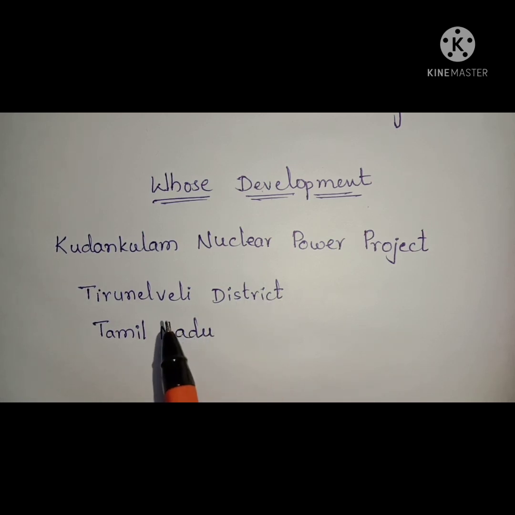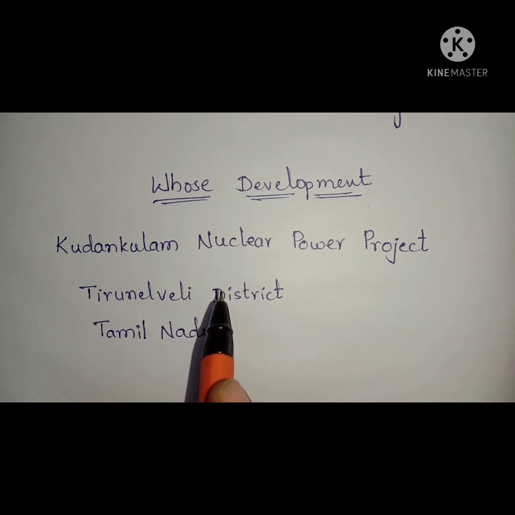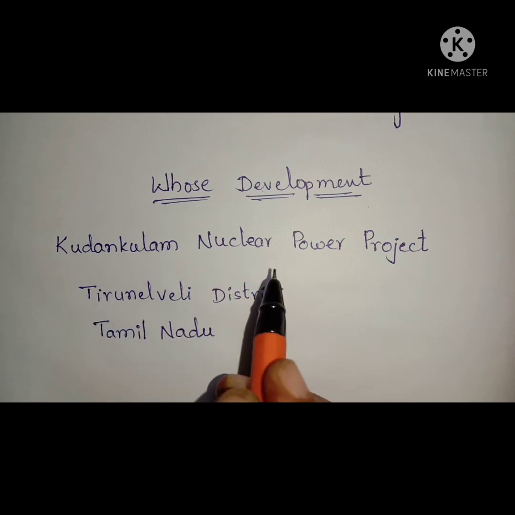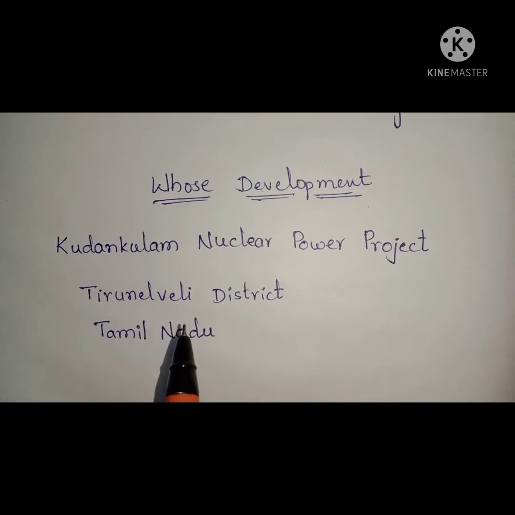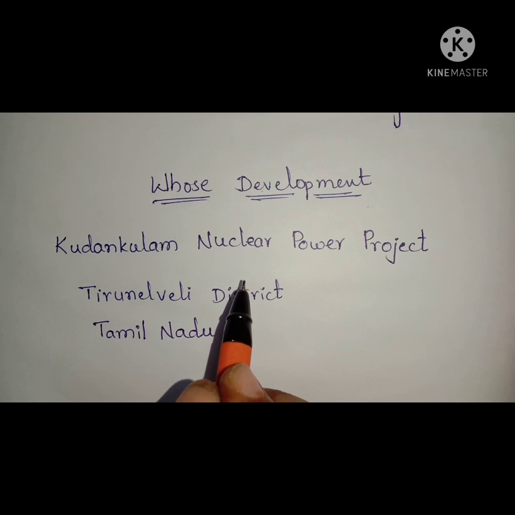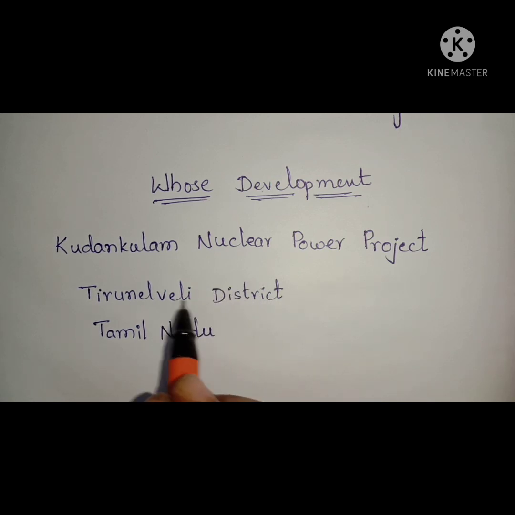So the central government of India decided to go ahead with a nuclear power project located in this region, which is a prosperous region. People located in this region expressed dissatisfaction, and environmentalists and social activists came forward supporting the fishermen. So all the local people living in the Tirunelveli district objected over the safety measures.